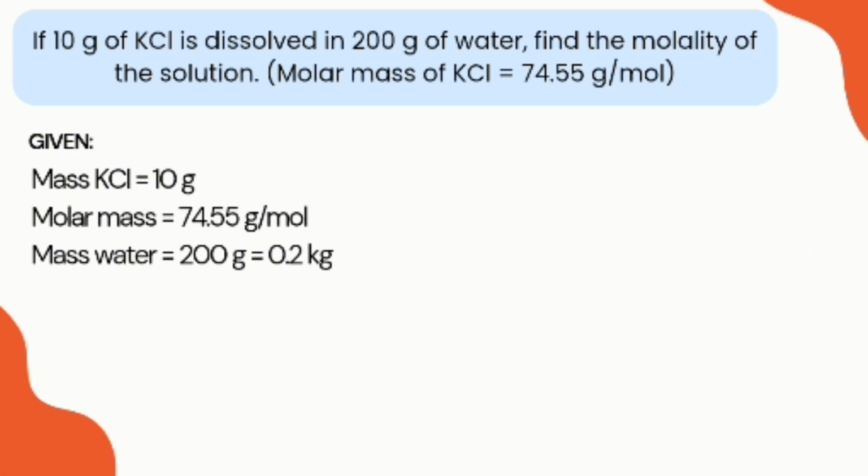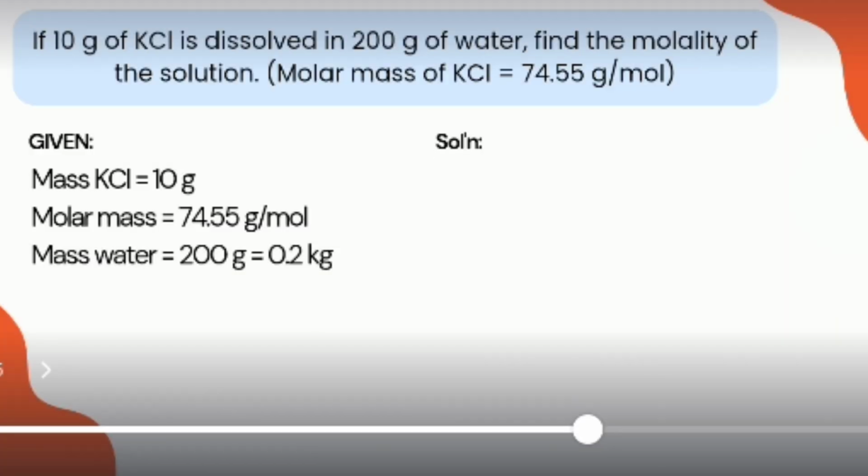So the water needs to be converted to kilograms using the formula of 200 grams divided by 1000 is equal to 0.2 kilograms.